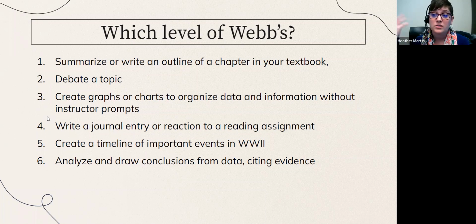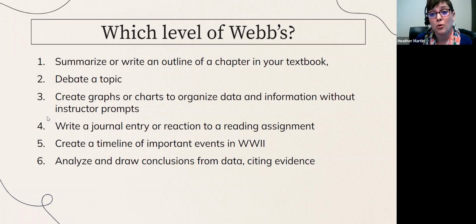I personally associated this with a 1 because chances are they've been given some important events in World War II. However, if you want to say, you know, analyze these or pick the most important events, or maybe you've given them different... Thank you, Lori, exactly. So if they've been given a list of important events or some kind of narrative of a timeline, then it's a level 1.